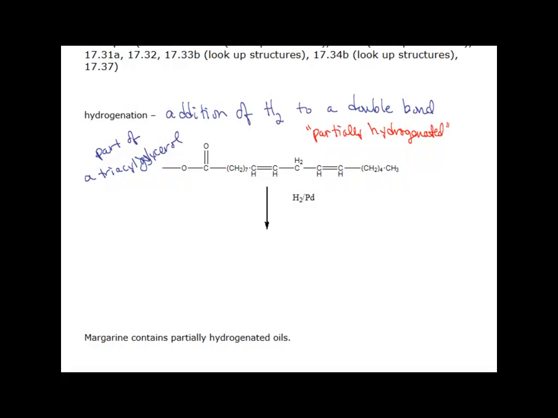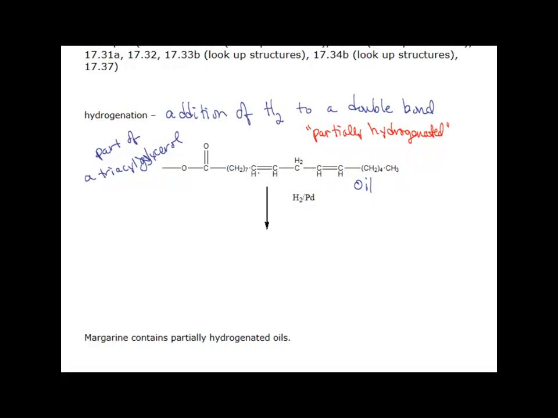So when they were in the process of making margarine, they realized that an oil is much better for you, but the problem is it's a liquid at room temperature. By changing some of those double bonds to single bonds, you can get more of a solid instead of an oil, and that's where margarine comes from.